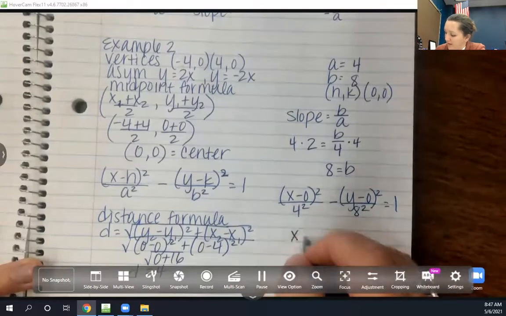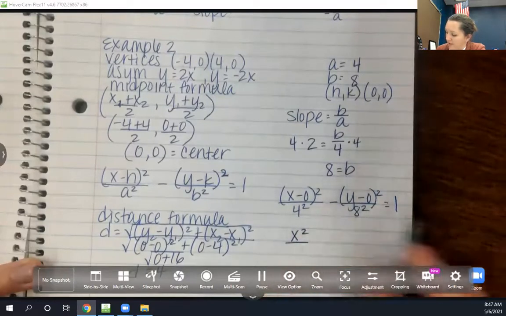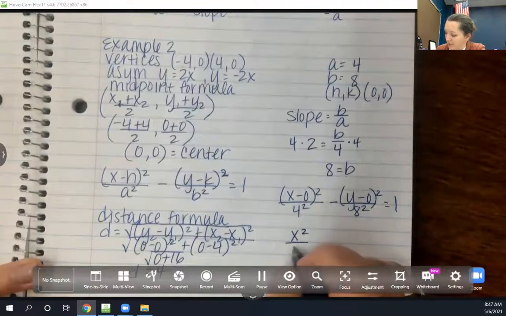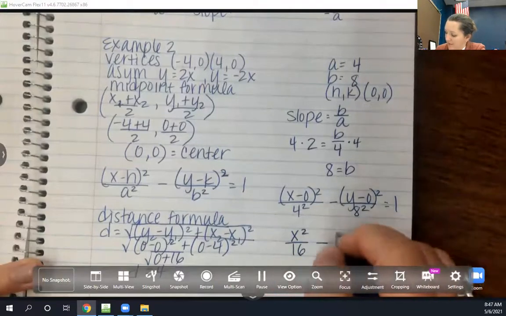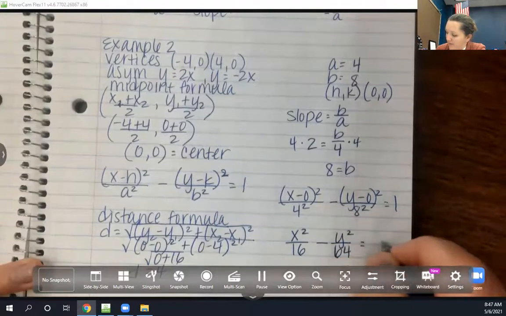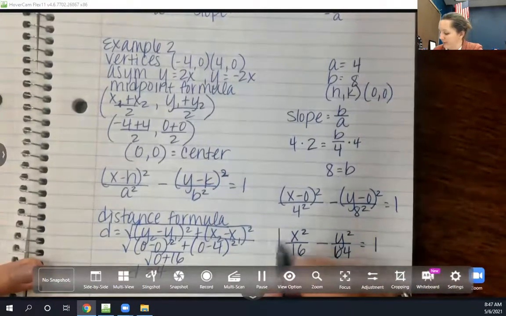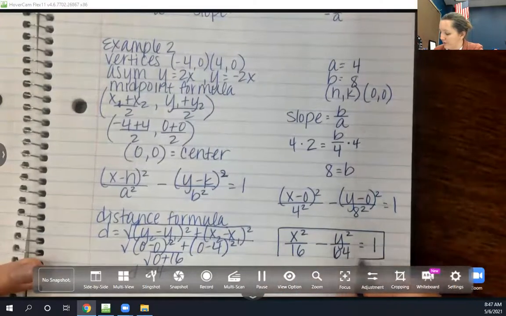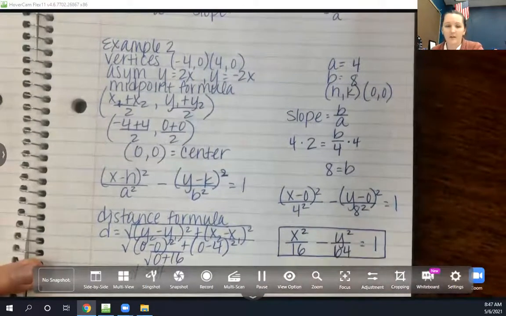So let's see, I can cancel those out. X squared divided by 16 minus y squared divided by 64 equals 1. All right, there's your standard form of your equation. Nicely done. All right, we'll do the rest in class together.